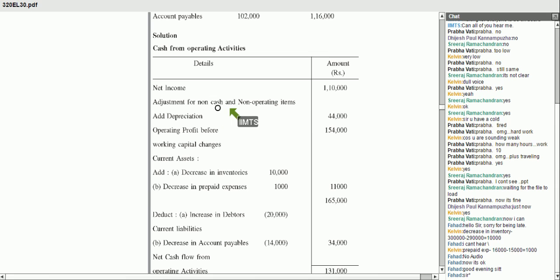Adjustment for non-cash and non-operating items: in this we will add the depreciation, that is 44,000.